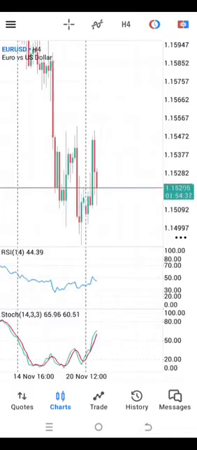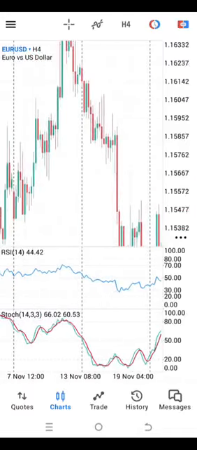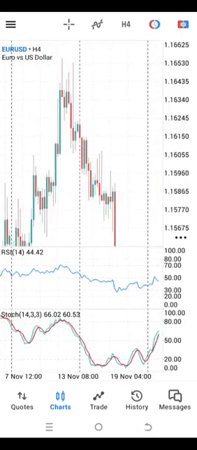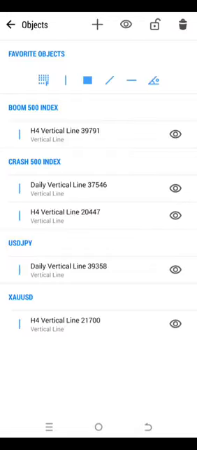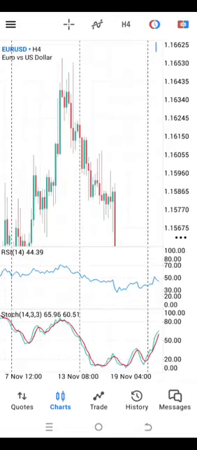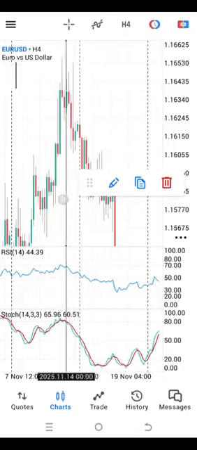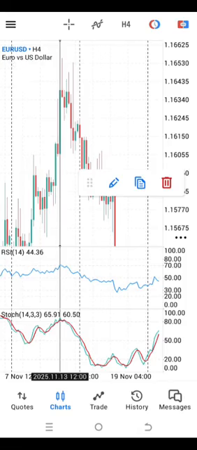Now the first thing I'm going to do is wait for, okay, so I have a trending market, I already know. So I'm going to go to the H4 time frame and wait for the RSI. The RSI has to get to above level 70, guys.